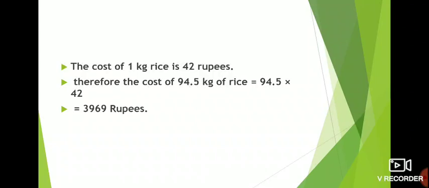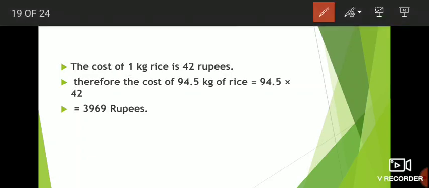After multiplication of 94.5 into 42, the answer is how much? 3,969 rupees. Means Virendra should pay 3,969 rupees to the shopkeeper for the total rice, that is 94.5 kg of the rice.